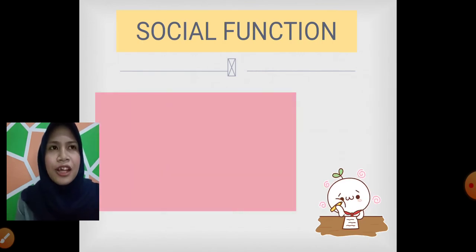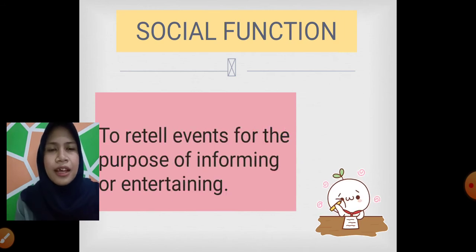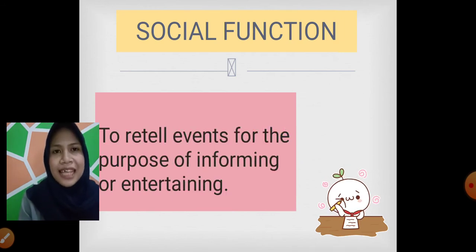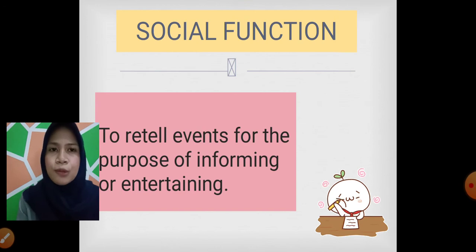Now, the social function or the purpose of recount text. The purpose of recount text is to retell events for the purpose of informing or entertaining. So, the social function of recount text is to retell the reader about a past experience, to inform and then to entertain the reader about the past event.